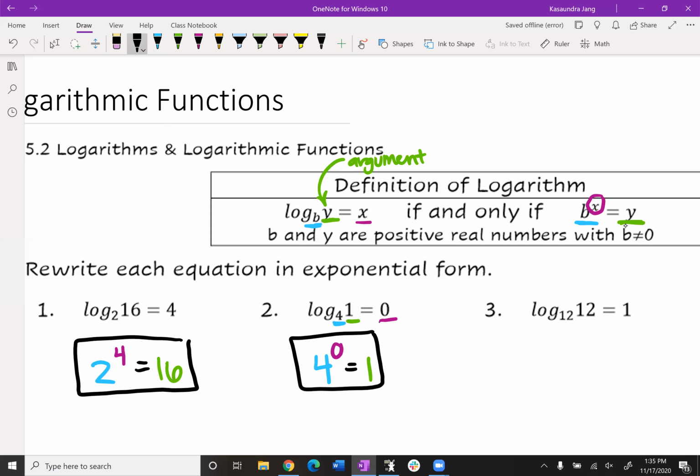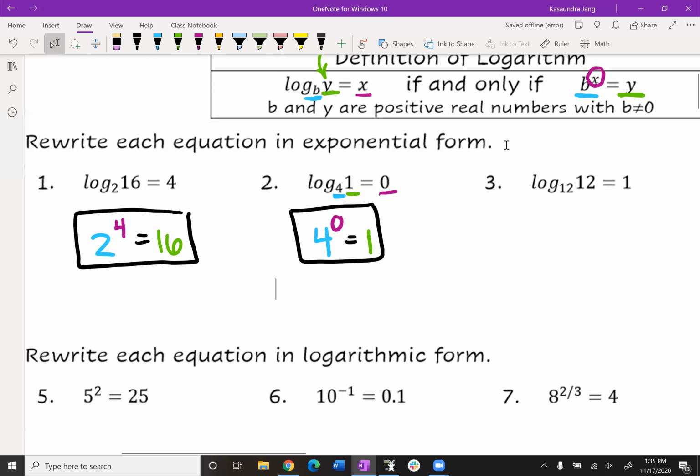So there's my exponential form. All right, so let's see if you guys are getting it. For number 3, I'm going to start with Tabitha here. Tabitha, what is the base on number 3? Nice. That base of my logarithm is a little lower, that little subscript of 12. Good.